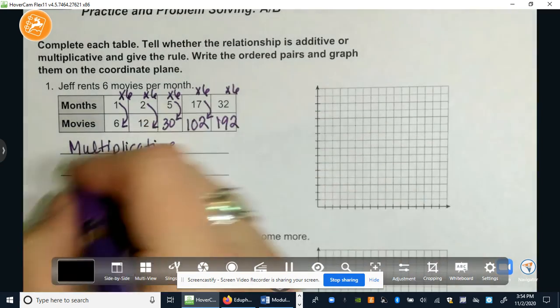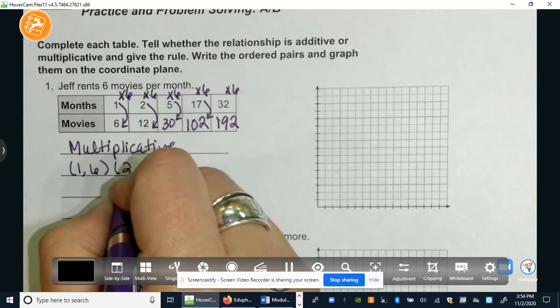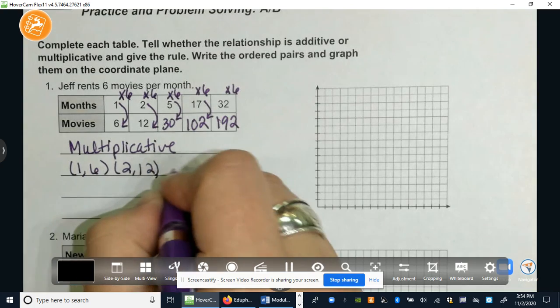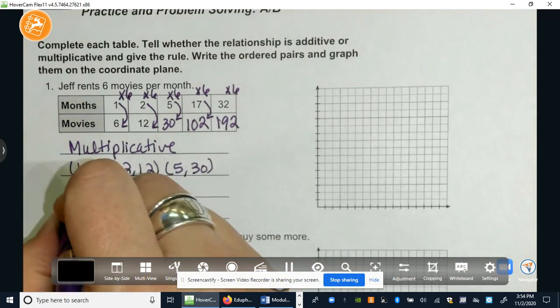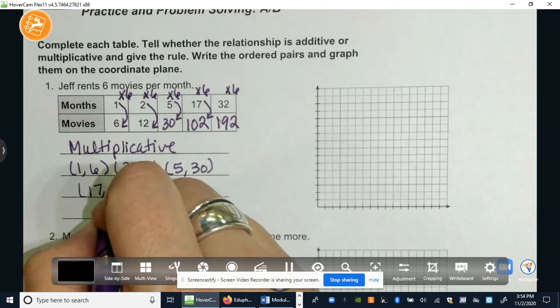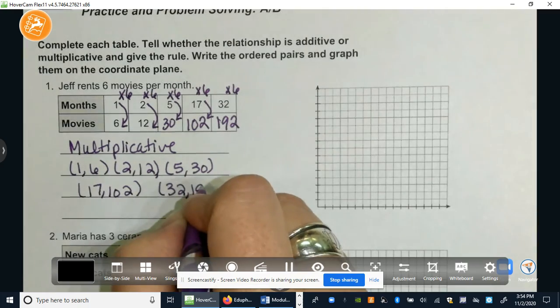Okay, my ordered pairs are 1 and 6, 2 and 12, 5 and 30, 17 and 102, and 32 and 192.